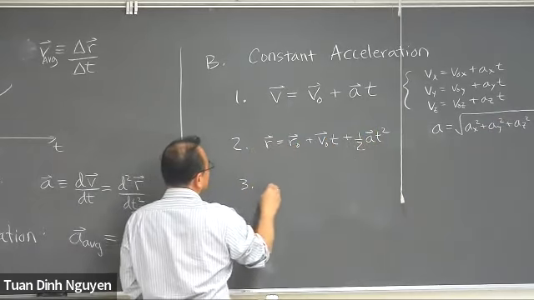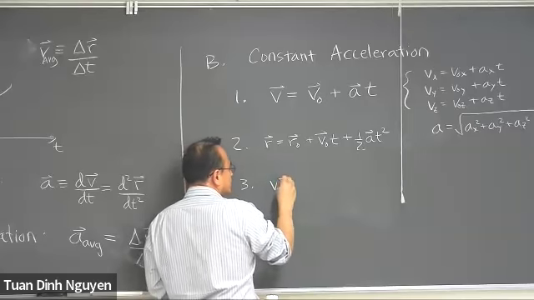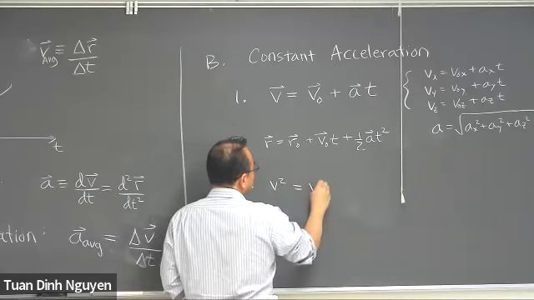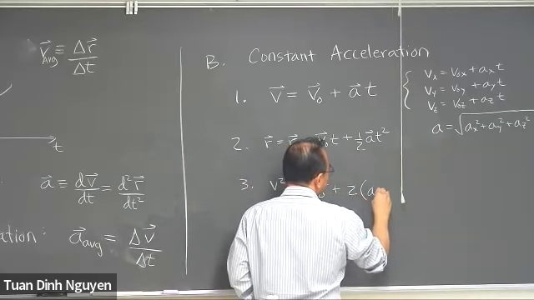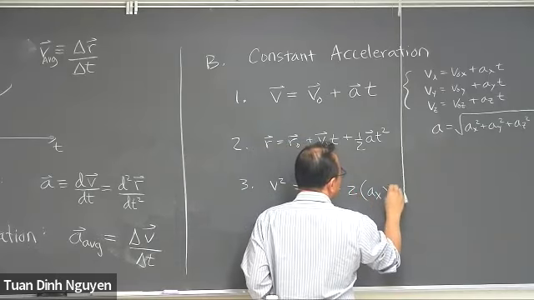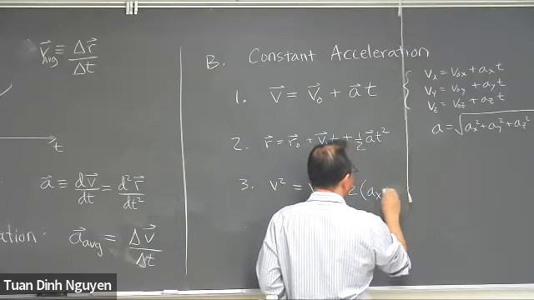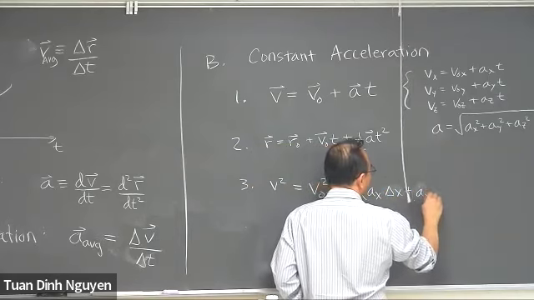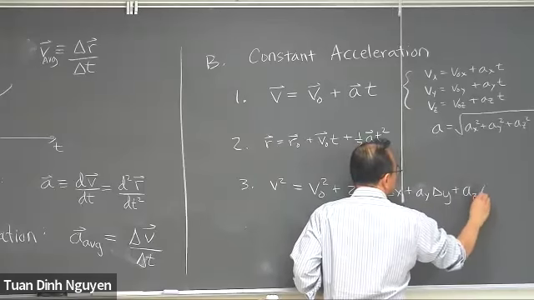And then the third is v squared, which is no longer a vector, equals v naught squared plus 2 times a x delta x plus a y delta y plus a z delta z.